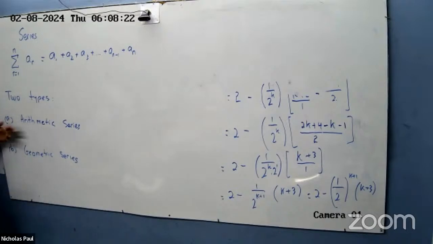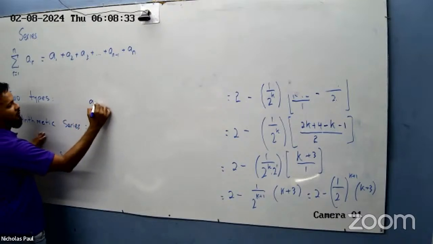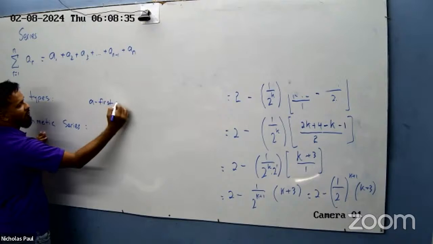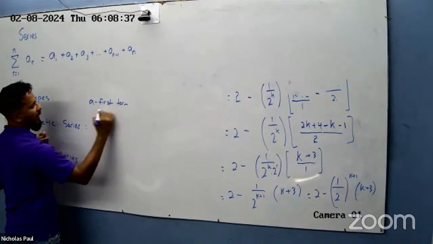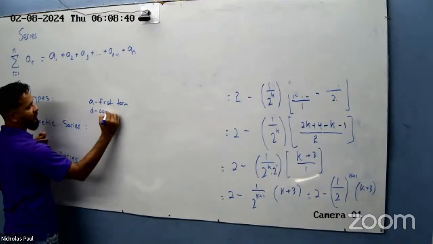All right. So you have an arithmetic series and a geometric series, right? What are the parameters for the arithmetic series again? An, first term, and common difference.